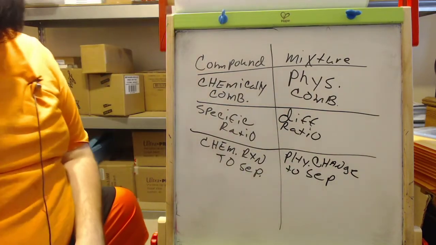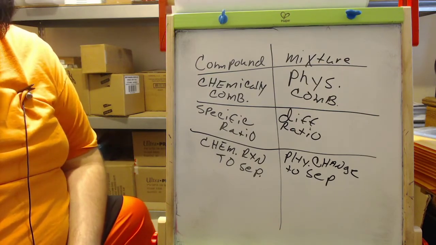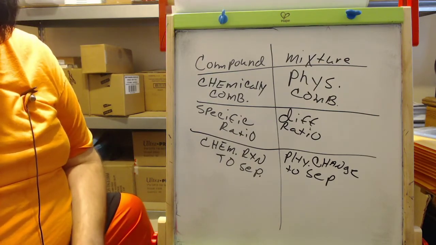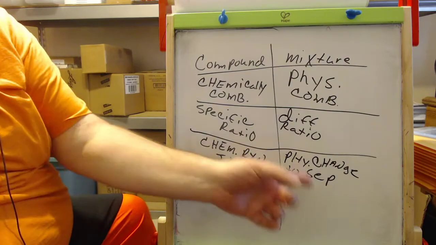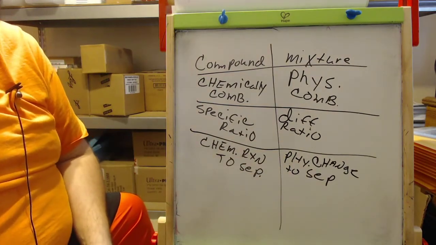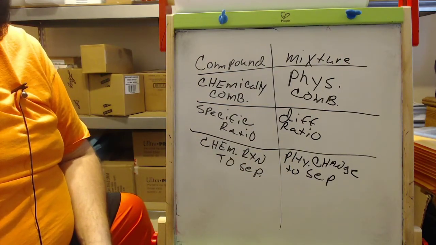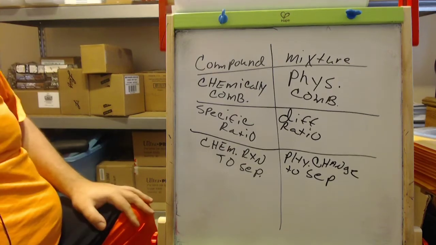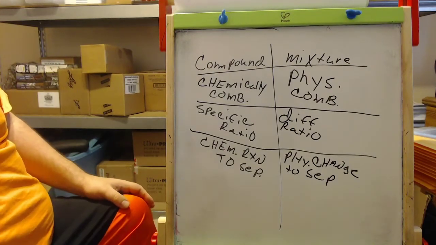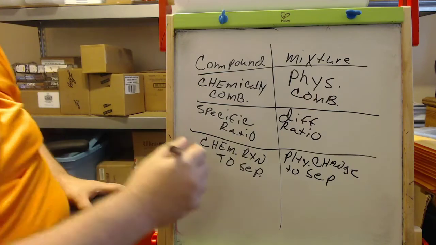So to separate water into hydrogen and oxygen, its components, I need to run electrical current through it. To separate salt water, all I have to do is evaporate the water off. I still have water vapor, it didn't do a chemical change, and then I'll have the salt.